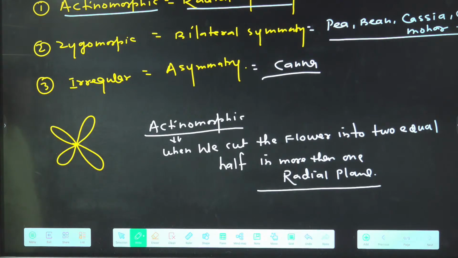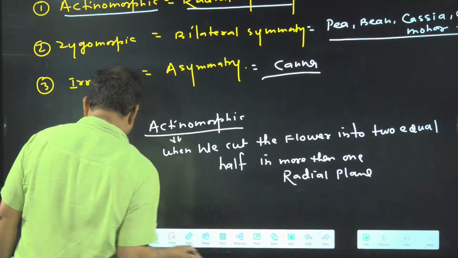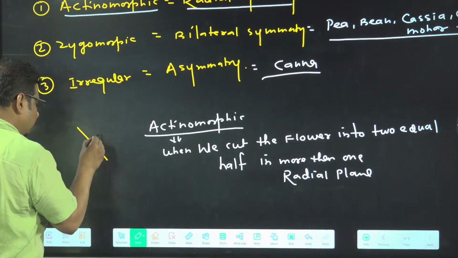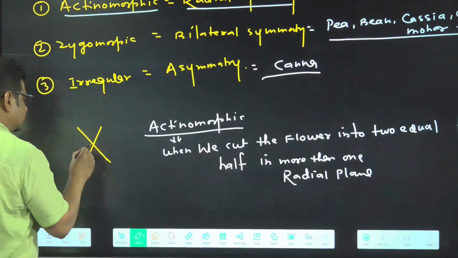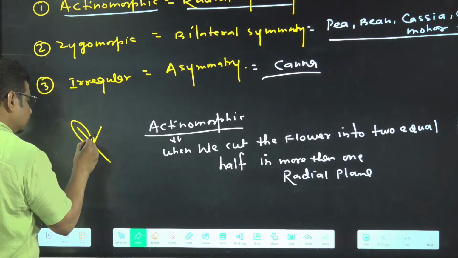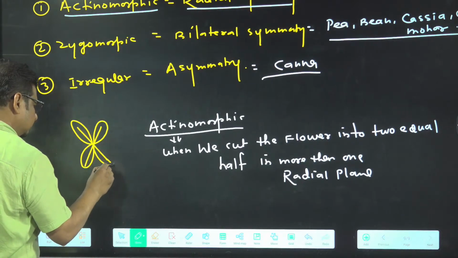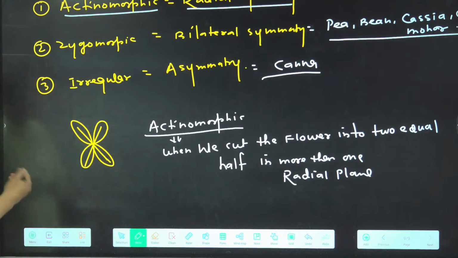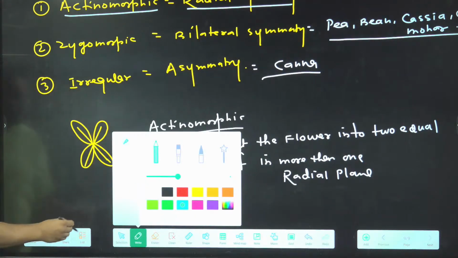Or somehow make it more refined. Suppose that this is an actinomorphic flower. So we can cut it. It's not a very perfect diagram drawn here, but you will understand it.